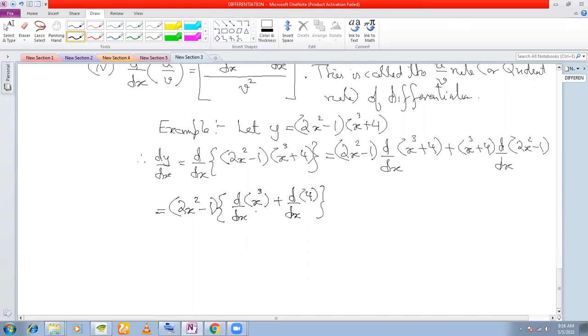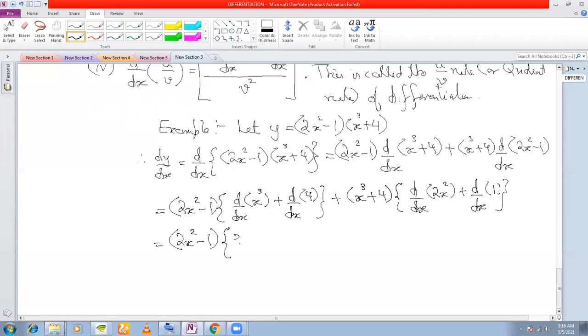We distribute the differentiation over x cube and 4, plus x cube plus 4 into d/dx of 2x square plus d/dx of 1. So you get 2x square minus 1 into d/dx of x cube, which is 3x square, and d/dx of 4 is 0.